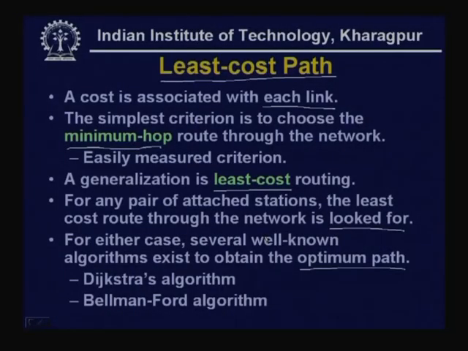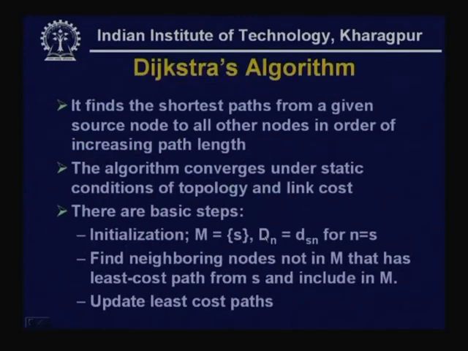For a given topology and a given cost associated with each of these links, a least cost path is found from a particular source to all the destinations. That is done with the help of the least cost routing algorithm, or rather Dijkstra's algorithm for obtaining the optimal path. Let us see how it is done.